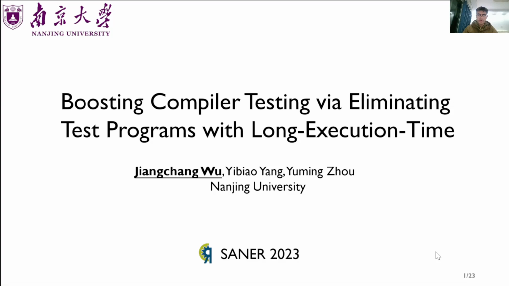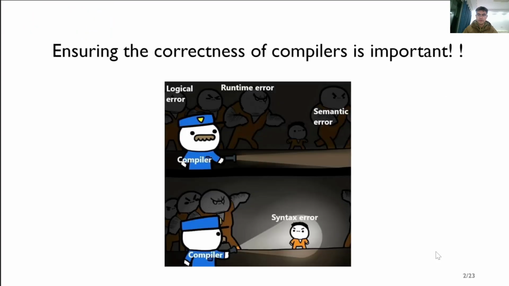Today, I'm going to introduce our work on compiler testing, which is called boosting compiler testing while emulating test programs with long execution time. Compiler is the most fundamental infrastructure in software development.